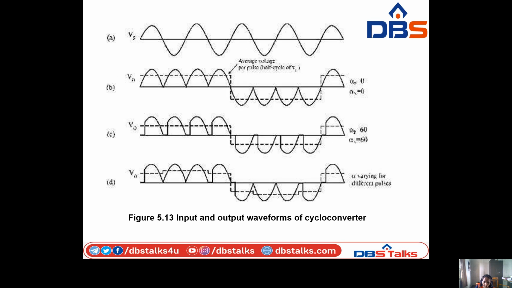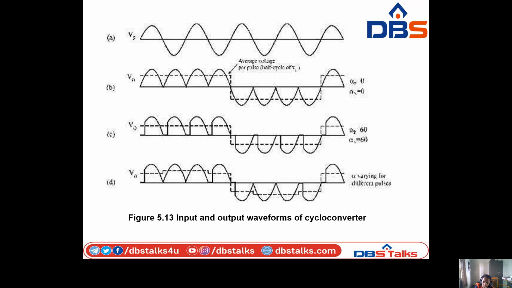Next, coming to the input and output waveforms of the cycloconverter. Here we are using a resistive load, so the voltage and current waveforms are similar. This is Vs, the single phase AC voltage, and here is the output voltage V naught.